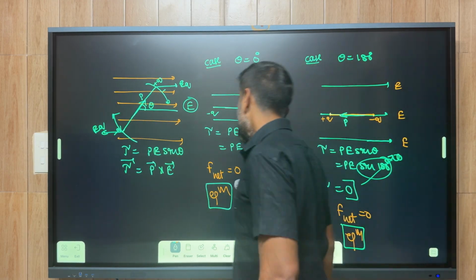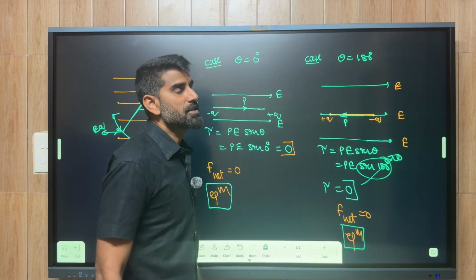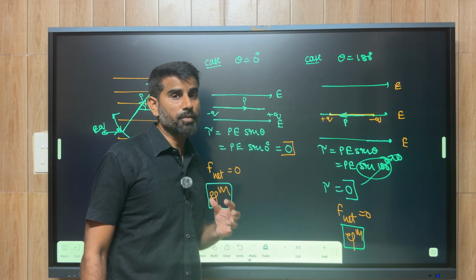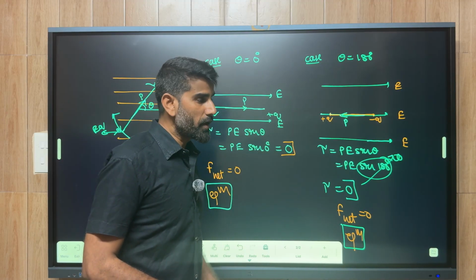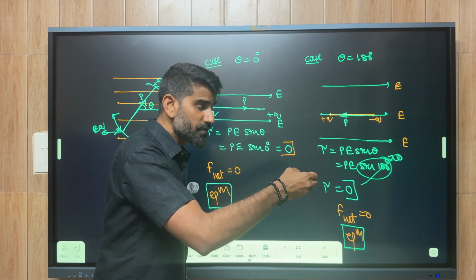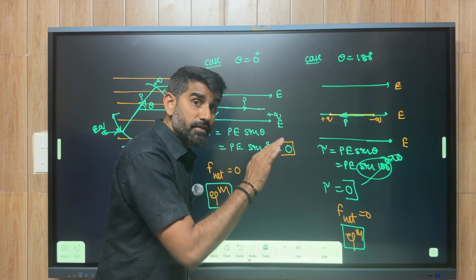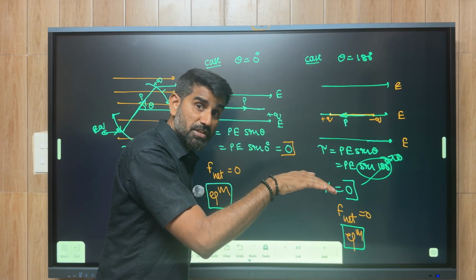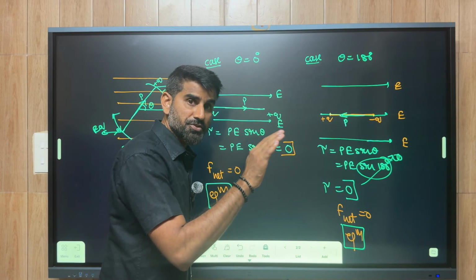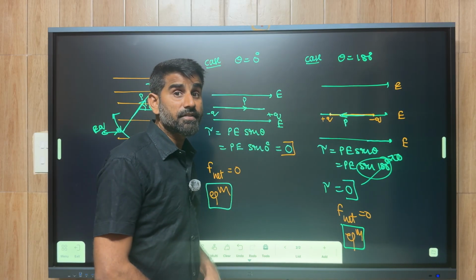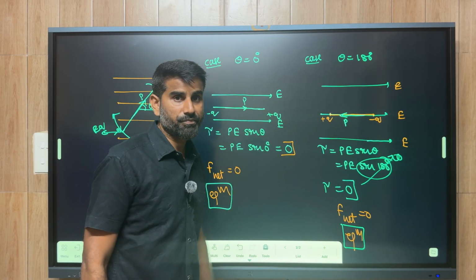First, let us recall what stable equilibrium is. Stable equilibrium is a kind of equilibrium where, when we displace the body slightly, if the body tries to come back to its original equilibrium position again, then we say that equilibrium is stable equilibrium.